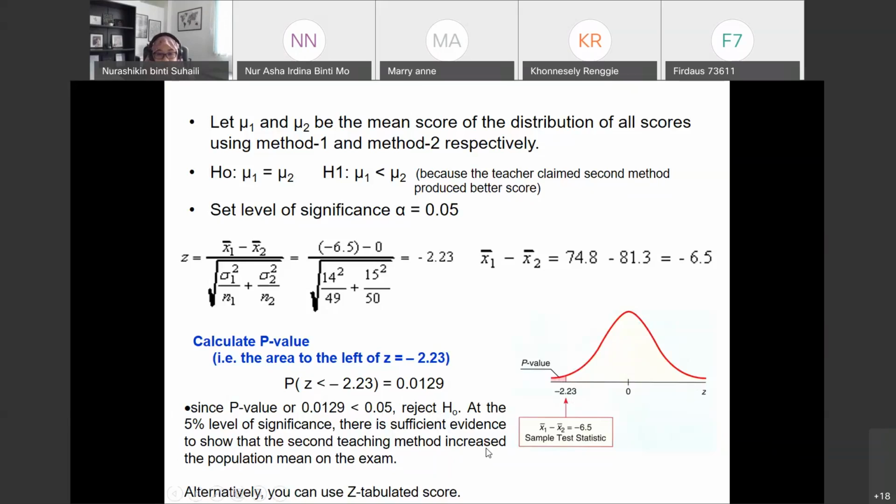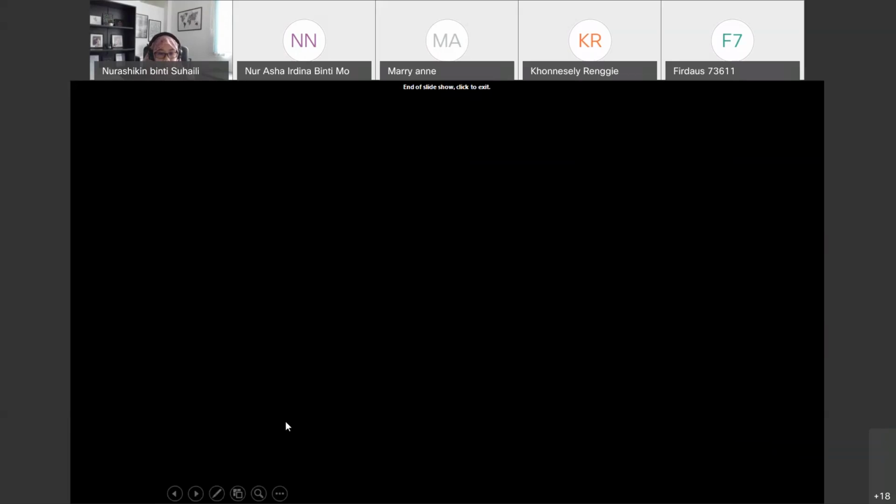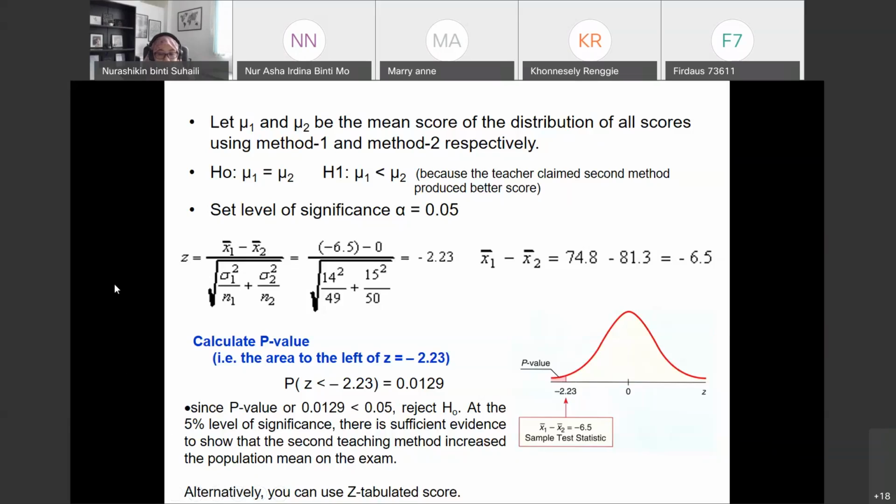So for the conclusion, you have to mention it in a proper sentence, right? At the 5% level of significance, there is sufficient evidence to show that the second teaching method increased the population mean on the exam. You reject the null, which means that you accept the alternative hypothesis.